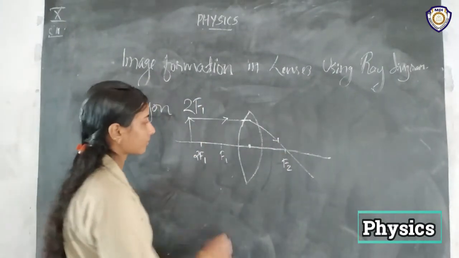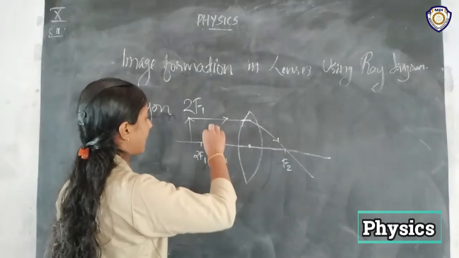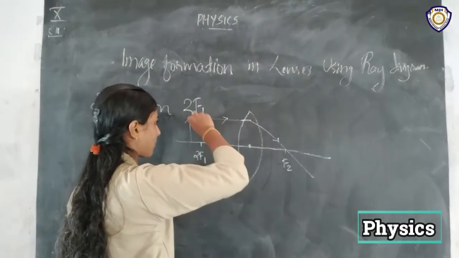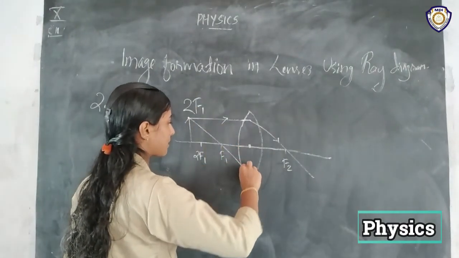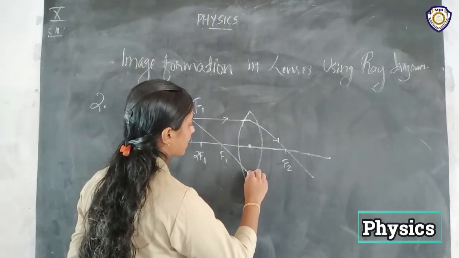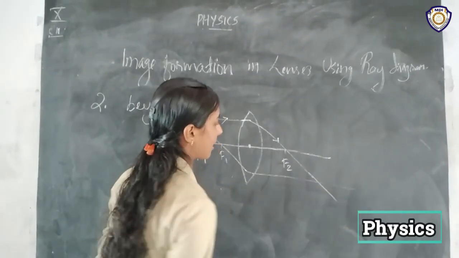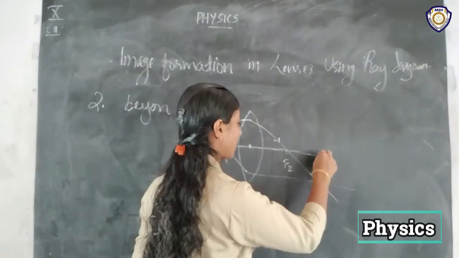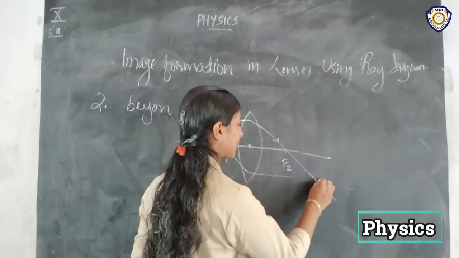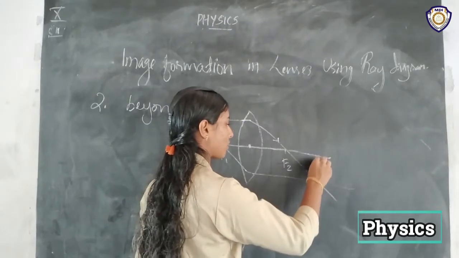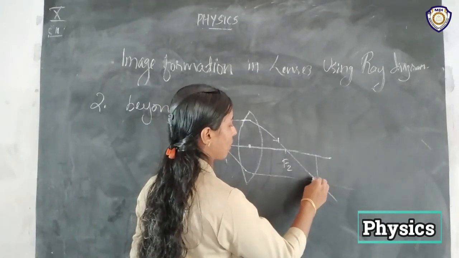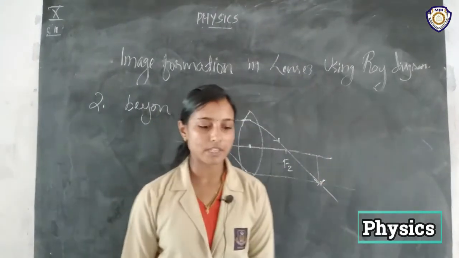And when the light ray passes through the principal focus, after refraction it will emerge parallel to the principal axis. So the intersection of these gives the position of the image. So here the image is formed.